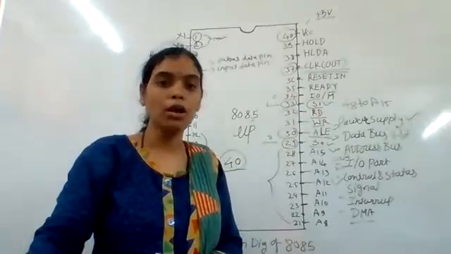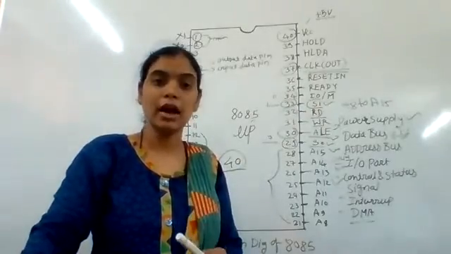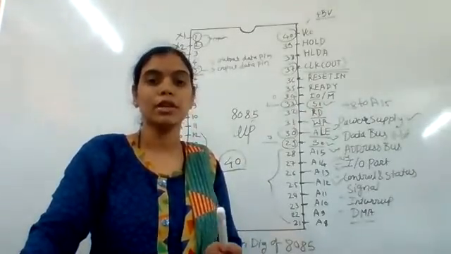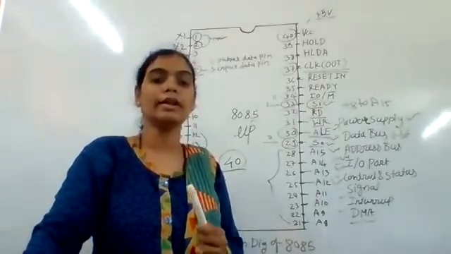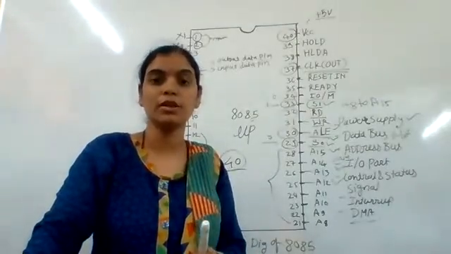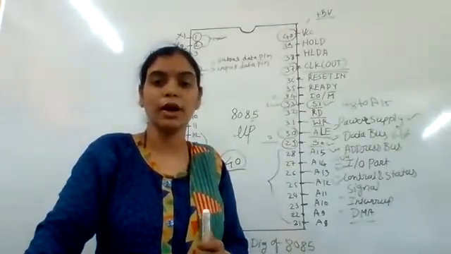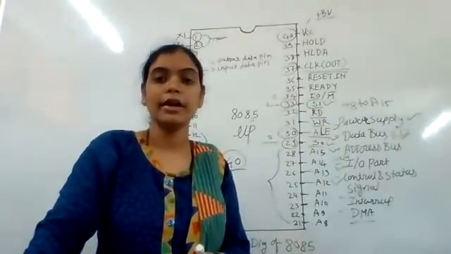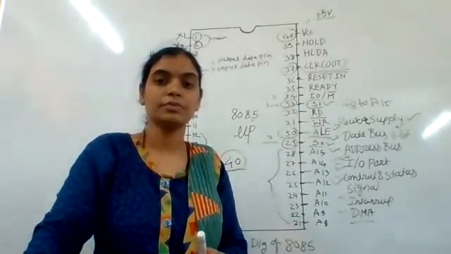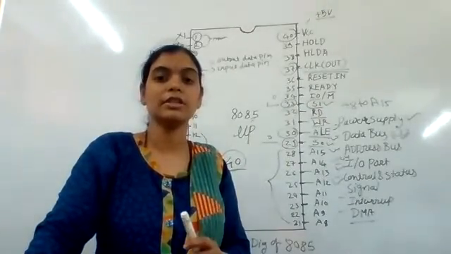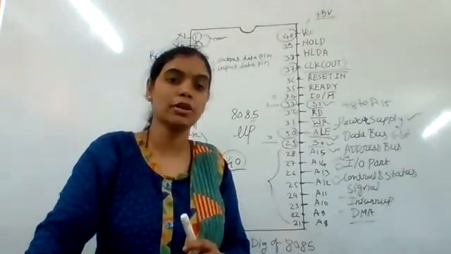If all are high, that is IO/M, S1 and S0 are 1, that is interrupt acknowledge. So the data bus status is interrupt acknowledge.